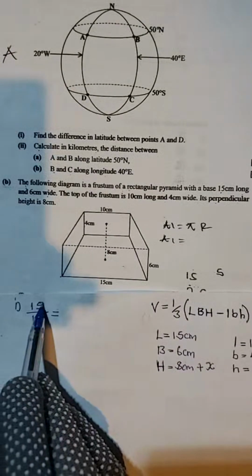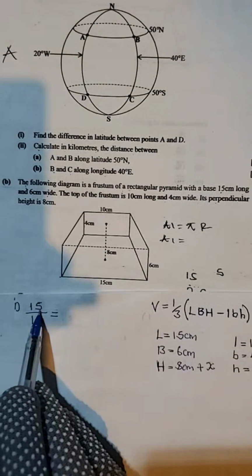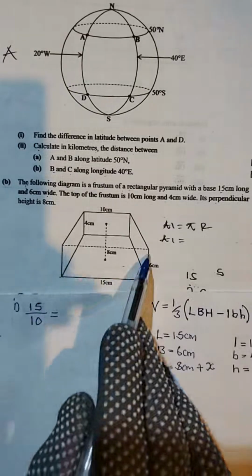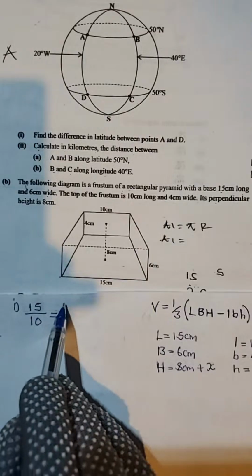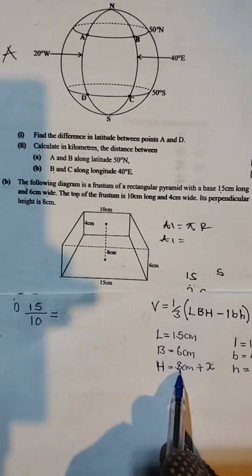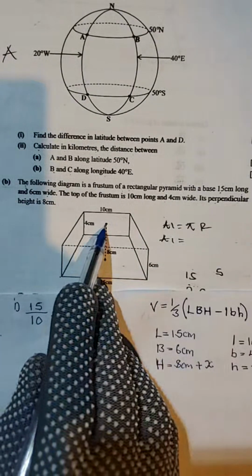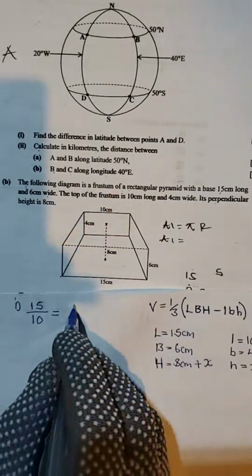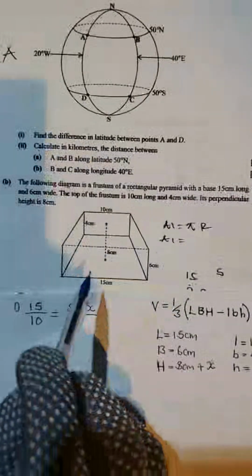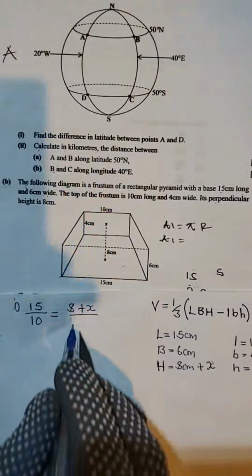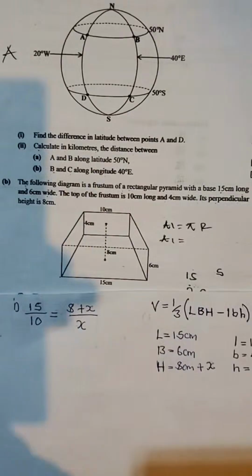since we've started with the base of the bigger pyramid, let's start with the height of the larger pyramid, which is 8 centimeters plus x. So we're going to say 8 plus x over the height of the smaller pyramid, which is just the x here.